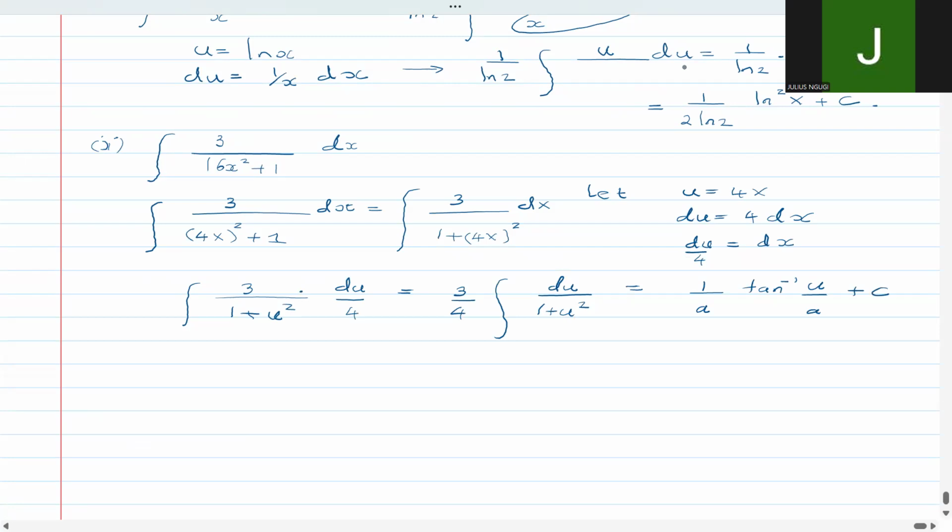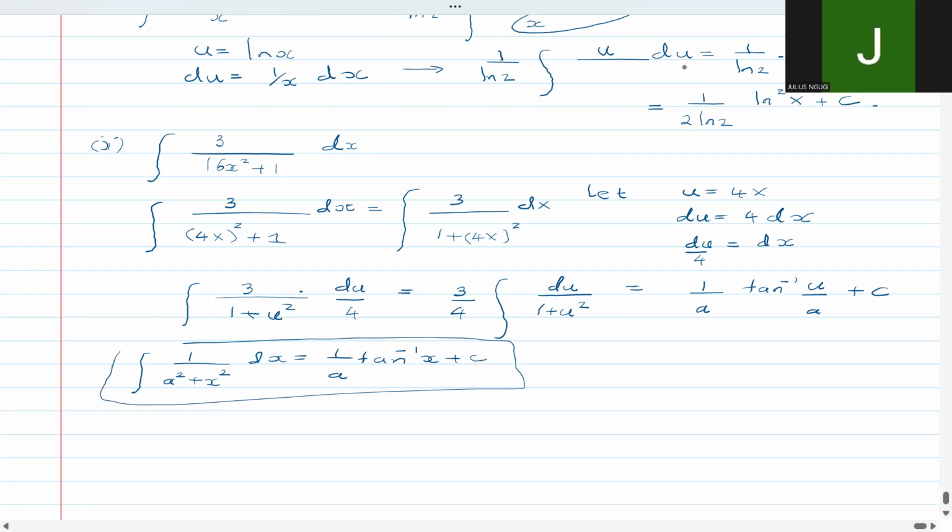So our a is 1 because the integral of 1 over a squared plus x squared with respect to x has the answer 1 over a arctan, or tan inverse, of x over a, plus a constant c.